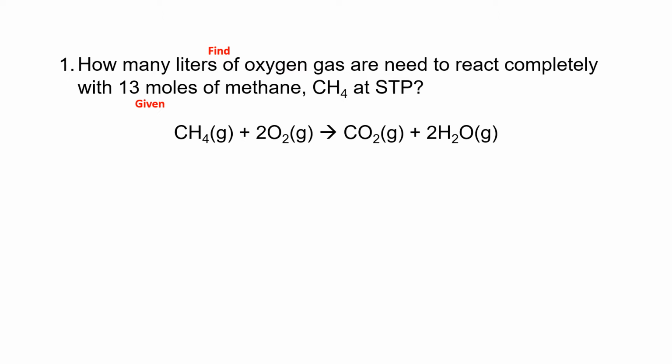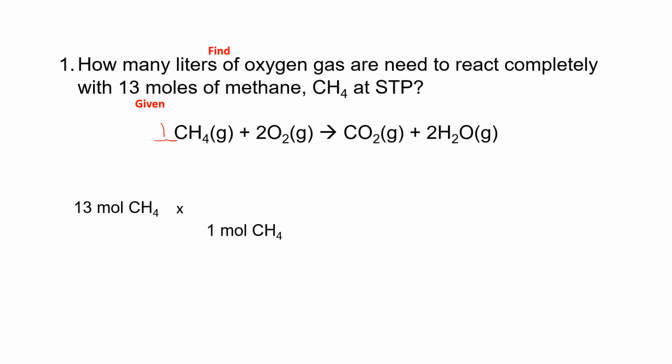We're going to start with what we're given, which is 13 moles of methane. We want moles of methane to cancel, so we need that to be in the denominator in our next step. So we're going to use mole ratio. If you look up at the balanced chemical equation, there is no coefficient for methane, which we assume is a coefficient of 1, representing 1 mole.